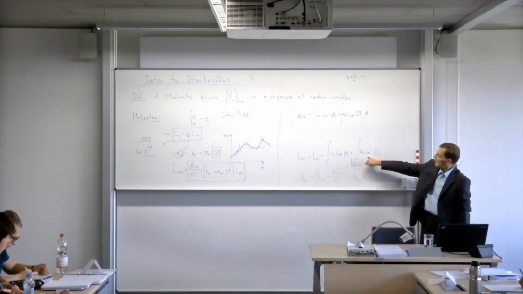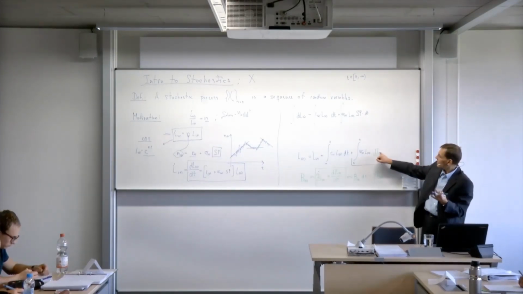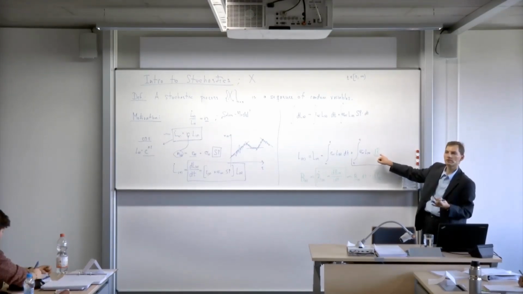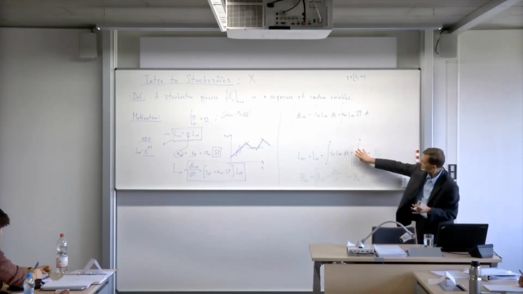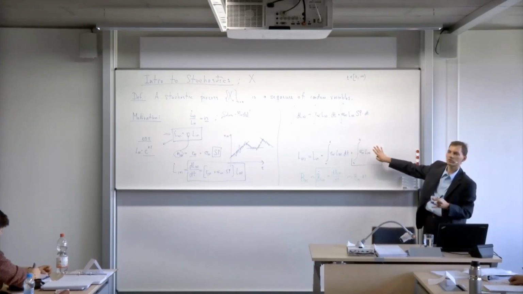Here we have to integrate not over x, a deterministic variable like x or y. We have to integrate over a stochastic process, which I call here B for a Brownian motion. And therefore we call this second integral a stochastic integral.